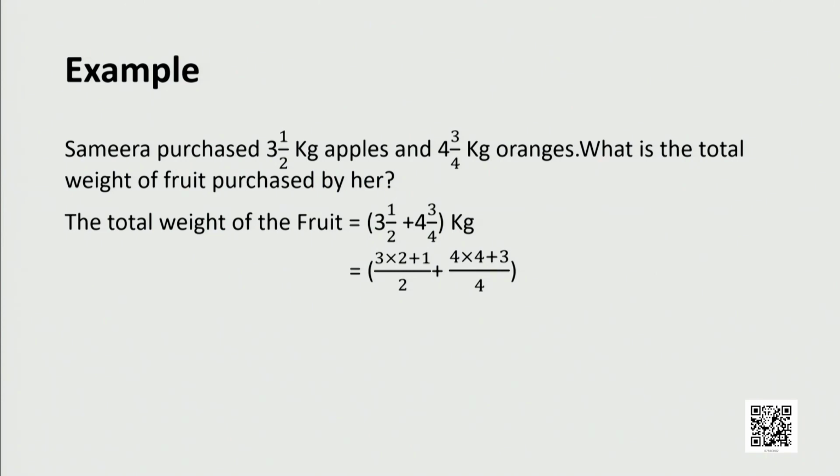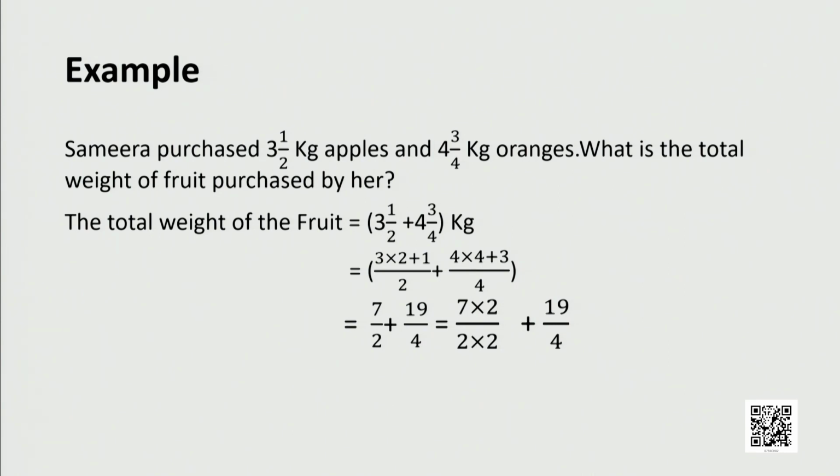You have to multiply 3 by 2 and add 1 and take 2 as the denominator for the first expression. Similarly for the second expression. So we have converted the entire thing into improper fractions. So again you can see that you got 7 over 2 plus 19 over 4.